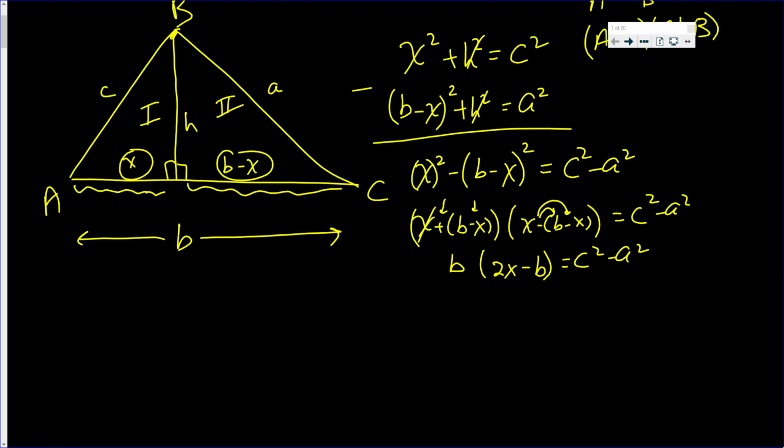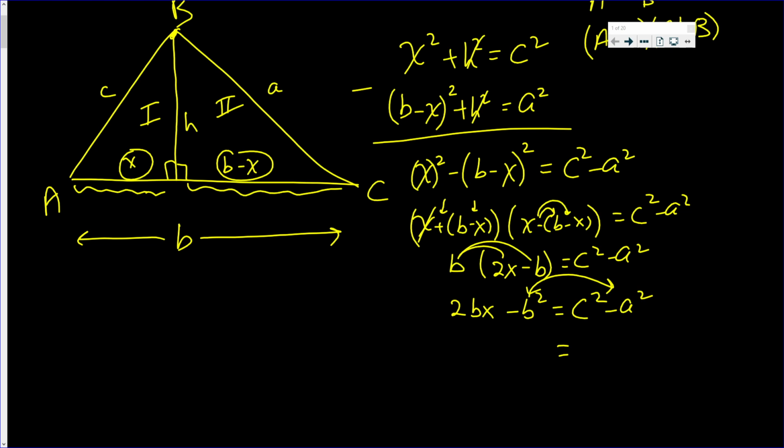Let's do some cleaning up here. If we distribute, we get 2bx minus b squared, and this is c squared minus a squared. So I want to rearrange. I want to swap these two.